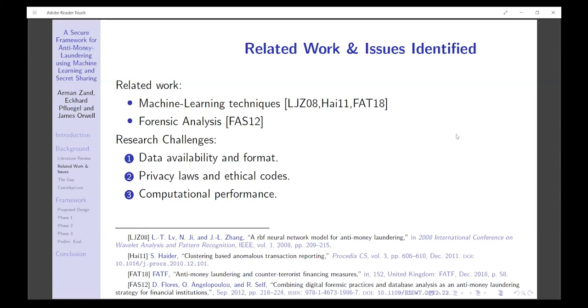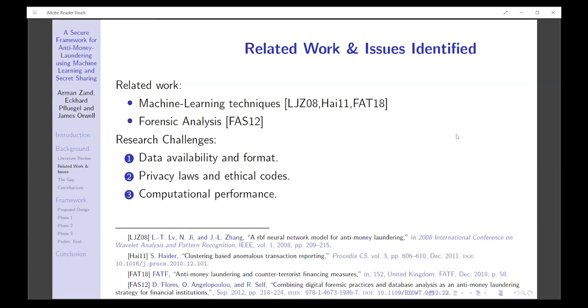There have been some research challenges, not only for myself, but for the other researchers and papers that I looked at, the first being data availability. Since we're looking at quite sensitive information to do with people's money, there are privacy concerns, as in the second point there.